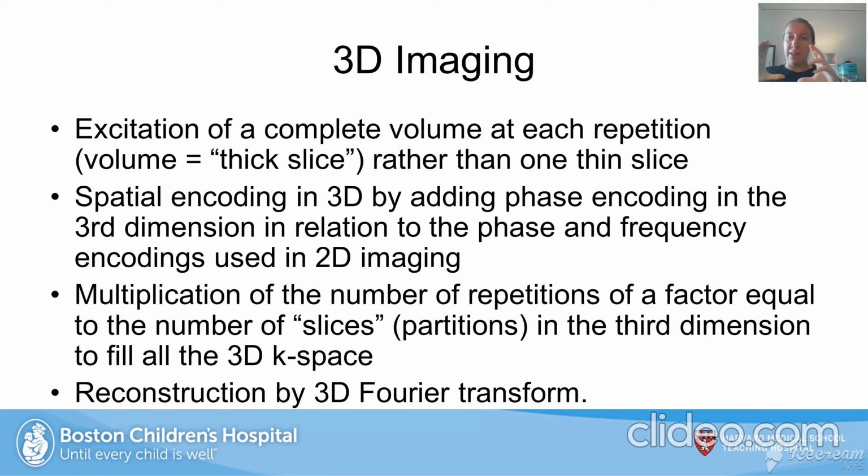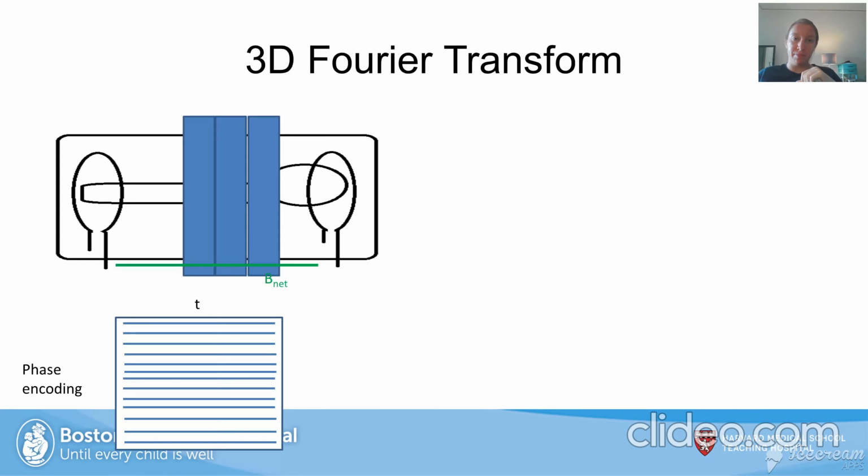So if you have that huge volume, you have your phase and your frequency encoding gradients, but then you also have this gradient that's occurring in your slice selection, and I'll show you what I mean by that. You're doing your reconstruction by a 3D Fourier transform. Like I mentioned before, you excite one image.